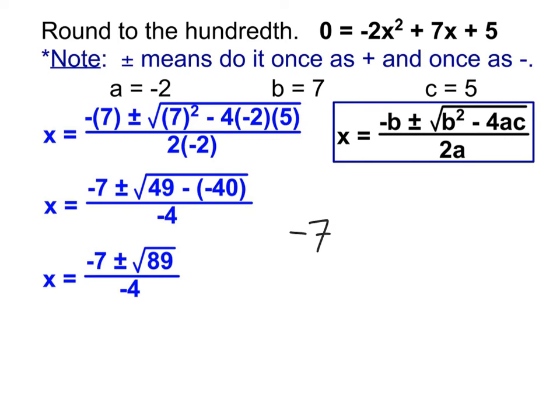Well, remember, plus or minus means do it once as plus and once as minus. So I've got to pick one and do it. So I'm going to do the plus at the moment. So plus the square root of 89. You just typed all that into your graphing calculator all at once. And then press enter. The trick to this is hitting enter at this point, not later.